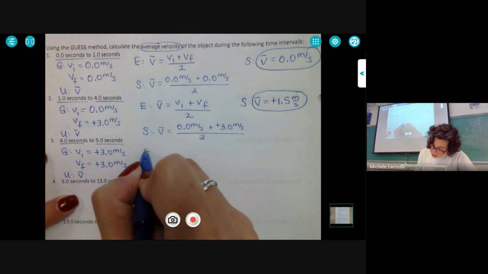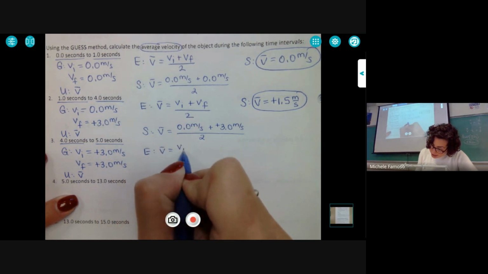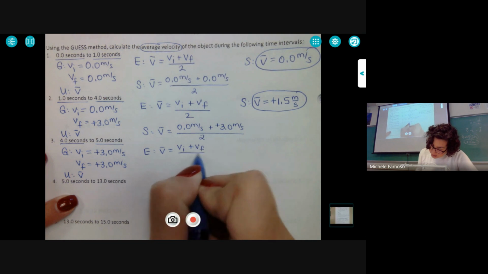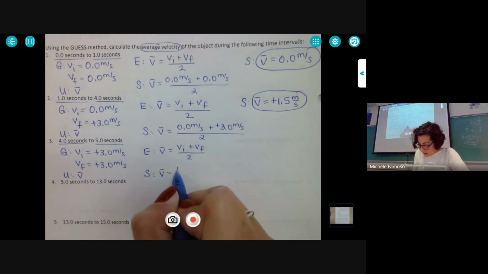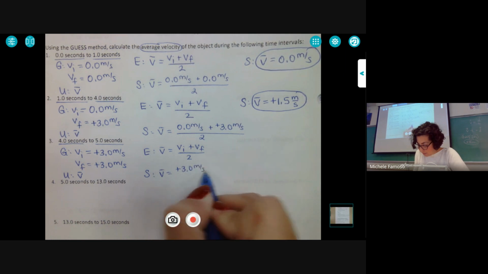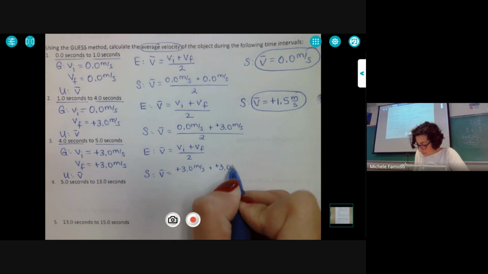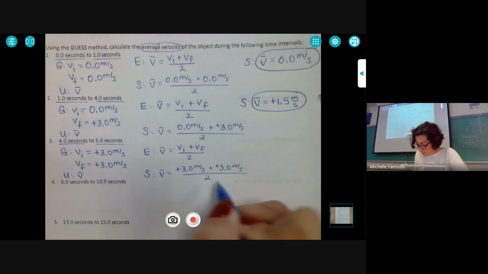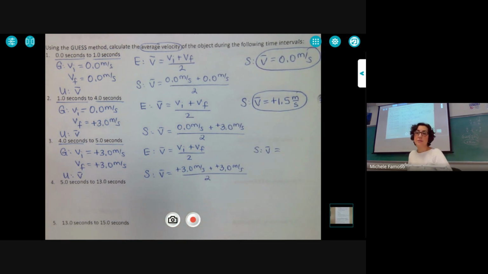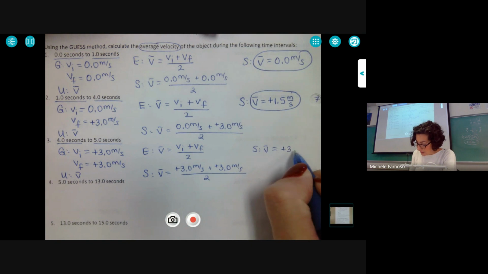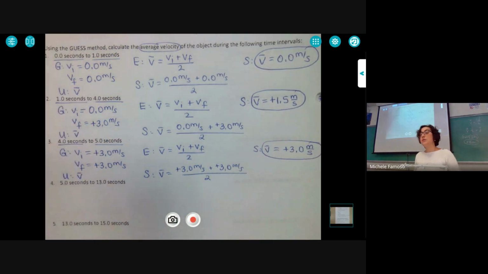So again, you're going to add them and then divide by 2. So Nick Rushford, can you tell me what that average is? Average of 3 and 3? Positive 3.0. Yeah, meters per second. The average of 3 and 3 is 3.